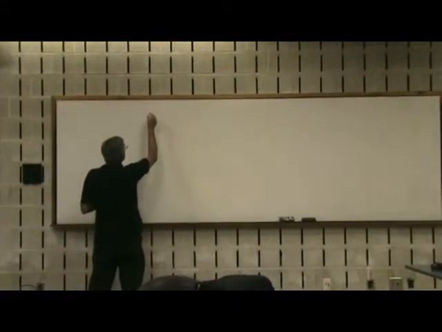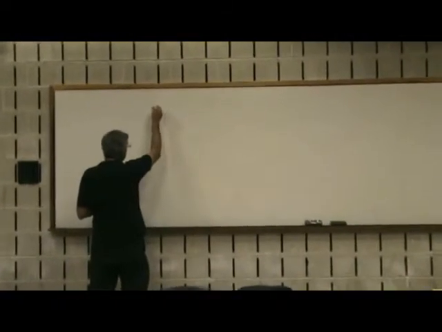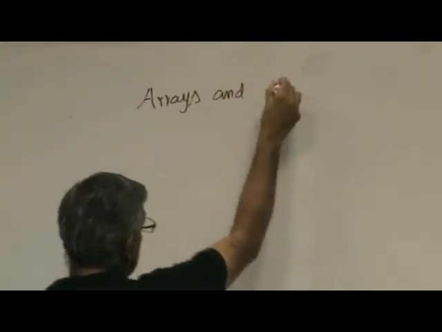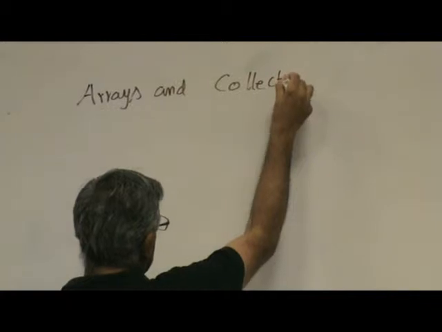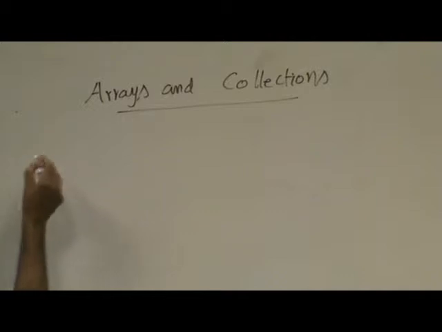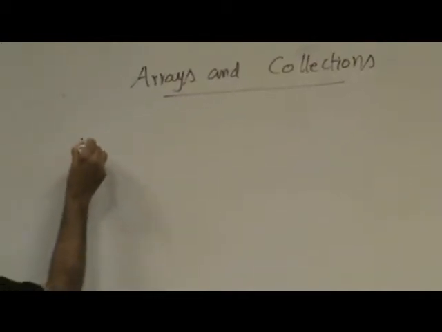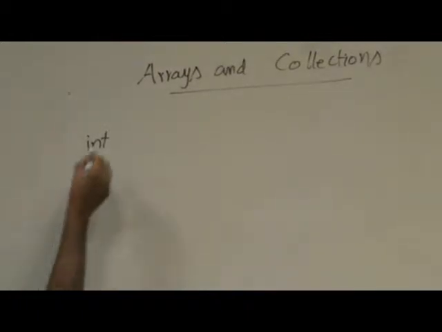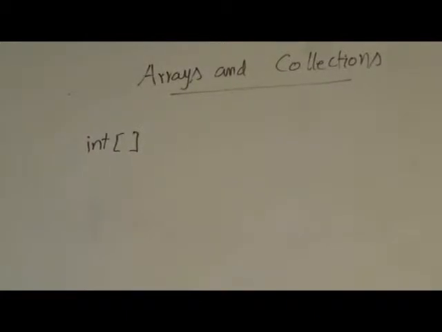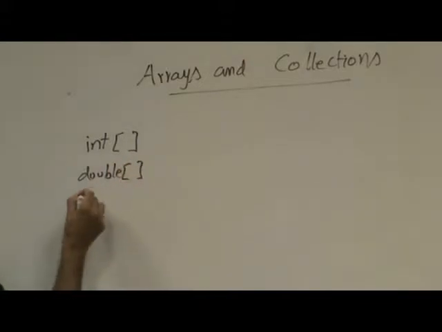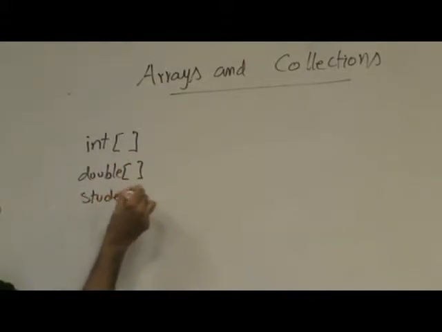In the last lecture, we were looking at arrays and collections. To briefly refresh your memory, when we declare an array, for example, an array of integers, we put empty square brackets after whatever the data type is, whether int or double, or if you wanted to create an array of students.